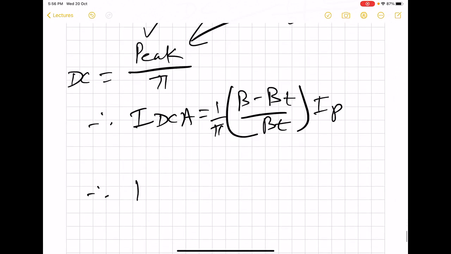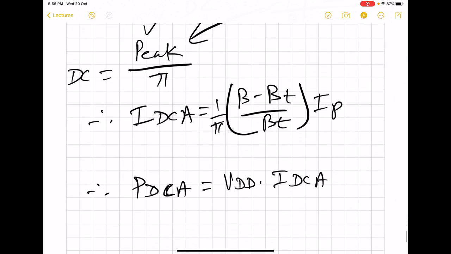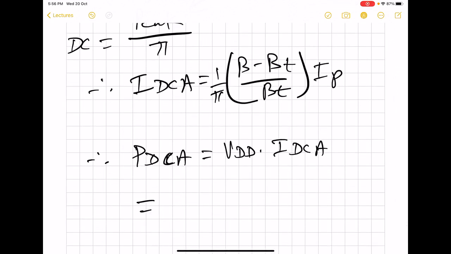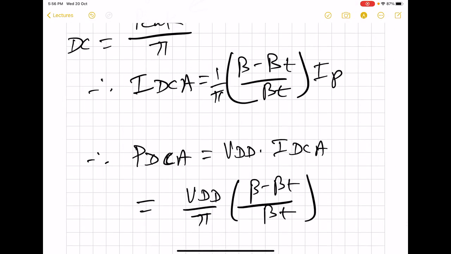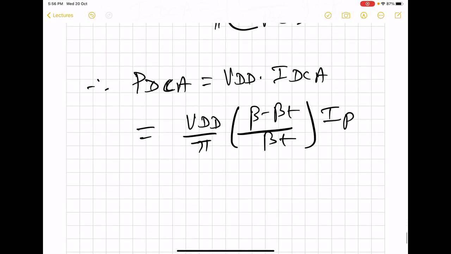So therefore, PDC auxiliary is going to be VDD into IDC auxiliary. So this becomes VDD by pi beta minus beta t by beta t into IP. Right, so this can be rearranged.